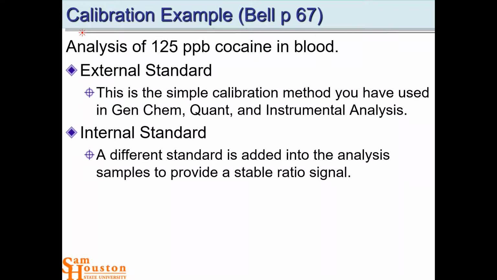Or maybe our uncertainty is related to injection differences. This is really a problem with GC or LC, but mostly GC. When you're having to inject the sample, do you do it exactly the same way every time? Because what happens in a GC? The sample goes onto a really hot inlet, a piece of glass that's at, say, 200 degrees, and it vaporizes instantly. But is it instant? It's not exactly instant.